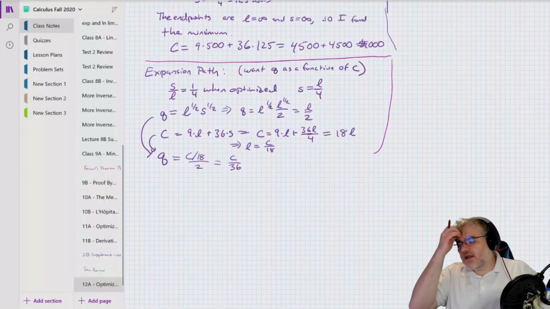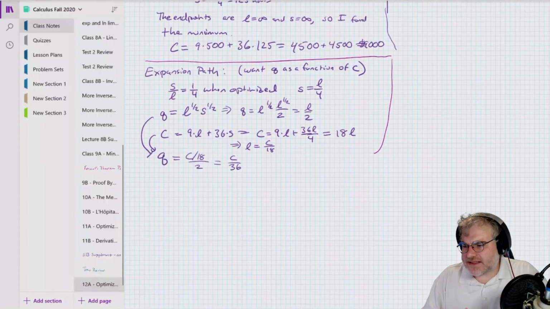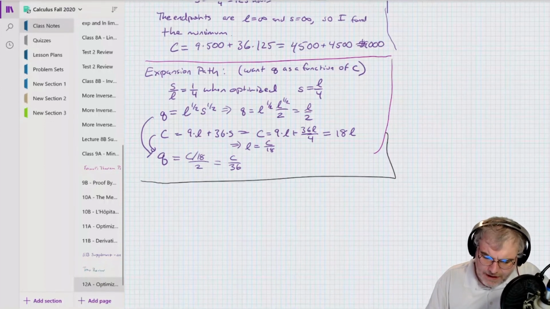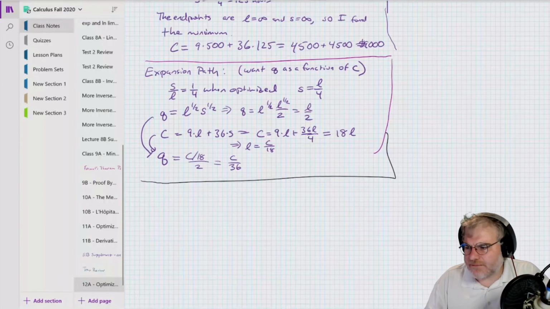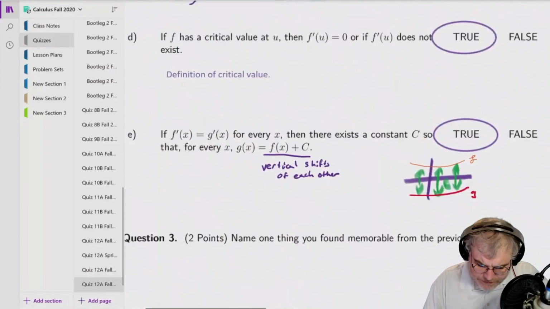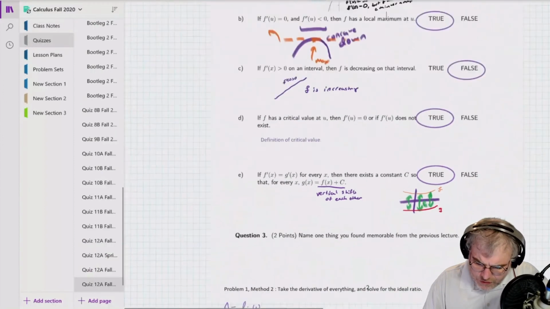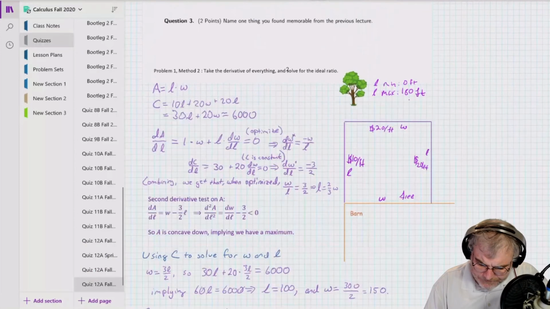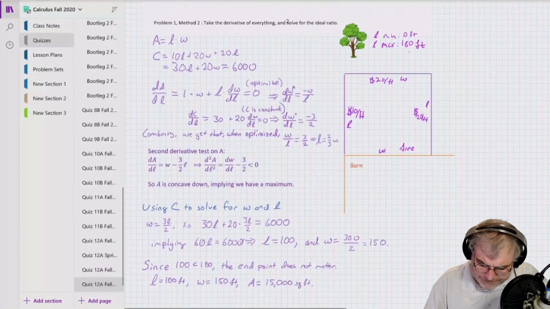Okay. Now, let's talk about this expansion path, the second derivative idea. And so I just want to begin. If you want to, you can also do it like on the quiz we took today. You could have solved it using this method as well.